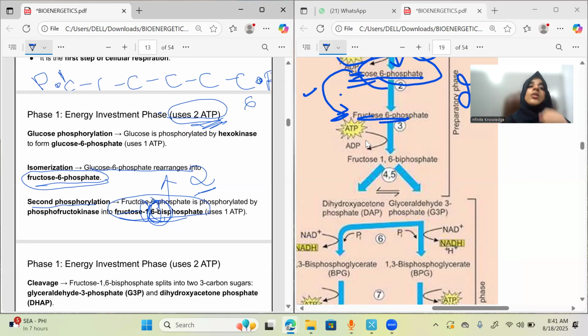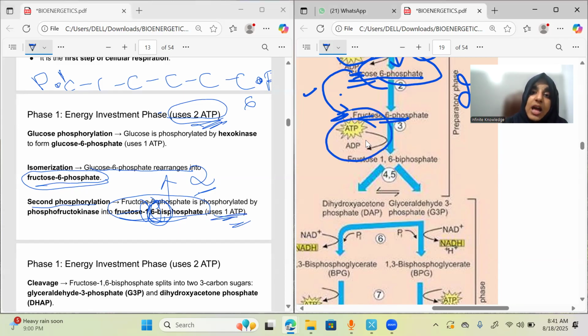First, in glucose, it was attached only at carbon number 6. Now it is attached to carbon number 1 as well as carbon number 6. That is why it is known as fructose 1,6 bisphosphate, and it uses 1 ATP for the reaction.